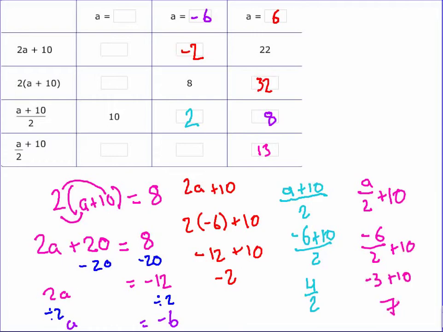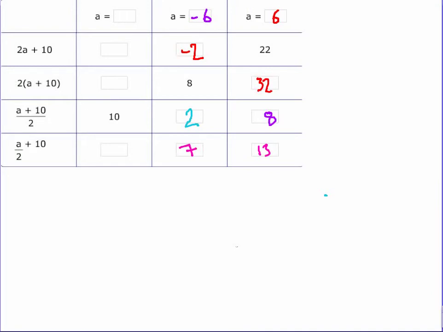Because all of this is divided by 2, to get rid of that divide by 2, I have to do the opposite, and so divide by 2 becomes multiply by 2. That gives me A plus 10 equals 20. Now, what plus 10 equals 20? I think most people could work that out, but let's just take 10 from both sides, and you get A equals 10. So A equals 10 in there.